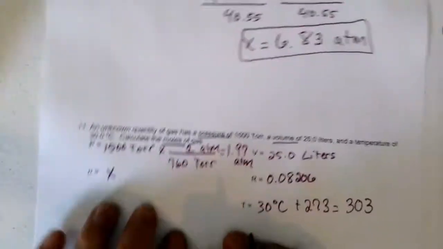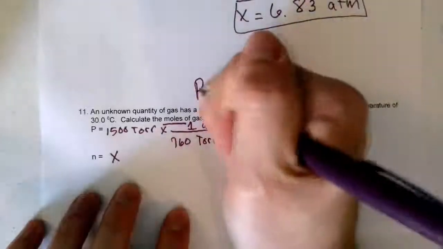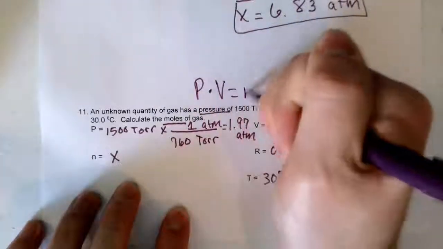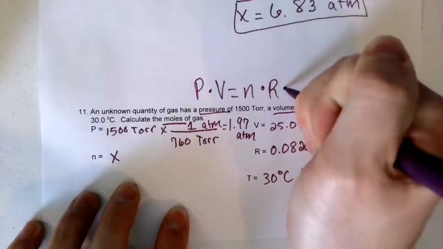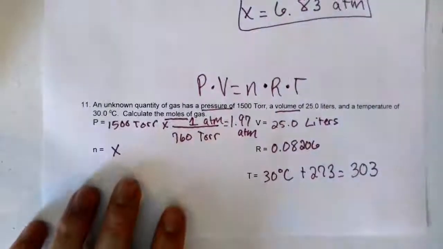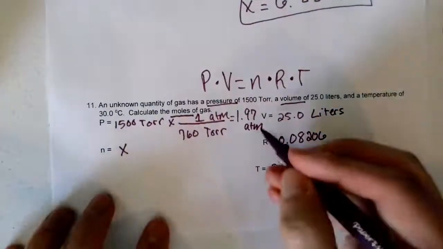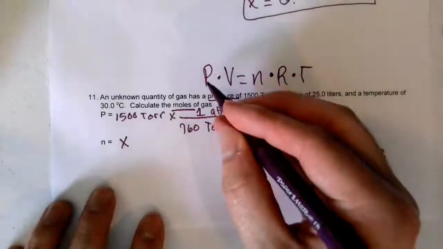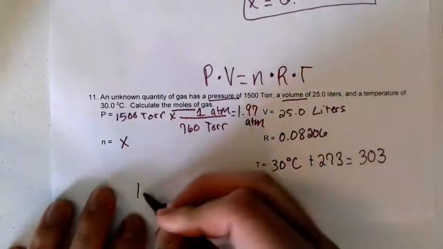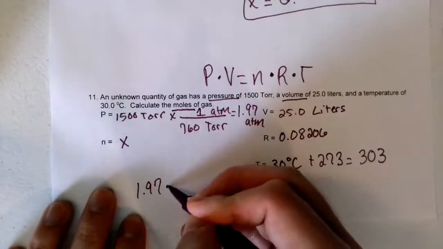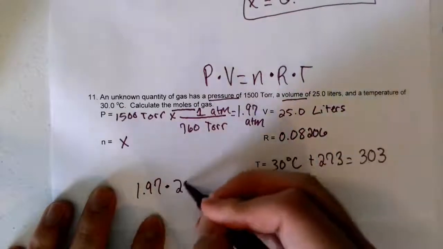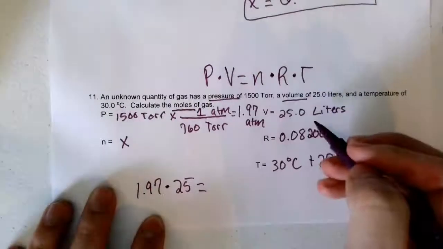Alright, let's set up the formula. The formula is P times V equals N times R times T. Let's do the atm number as our pressure. So it's going to be 1.97 times 25, because that's our volume in liters.